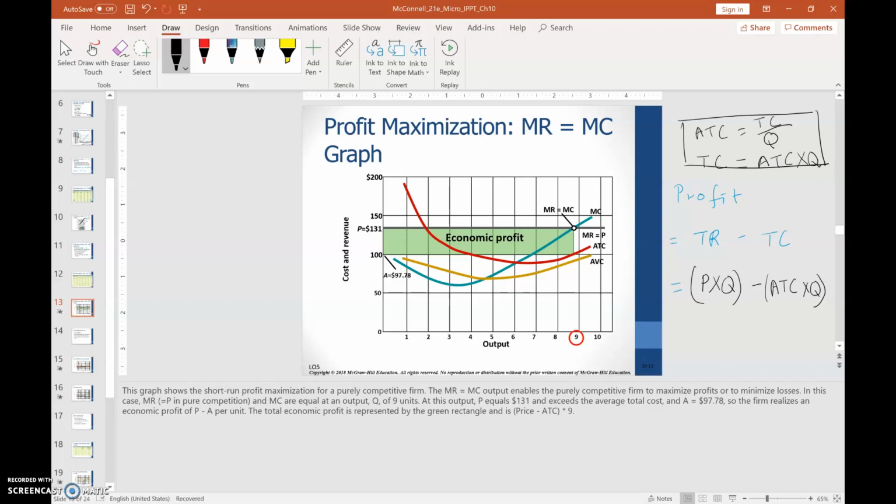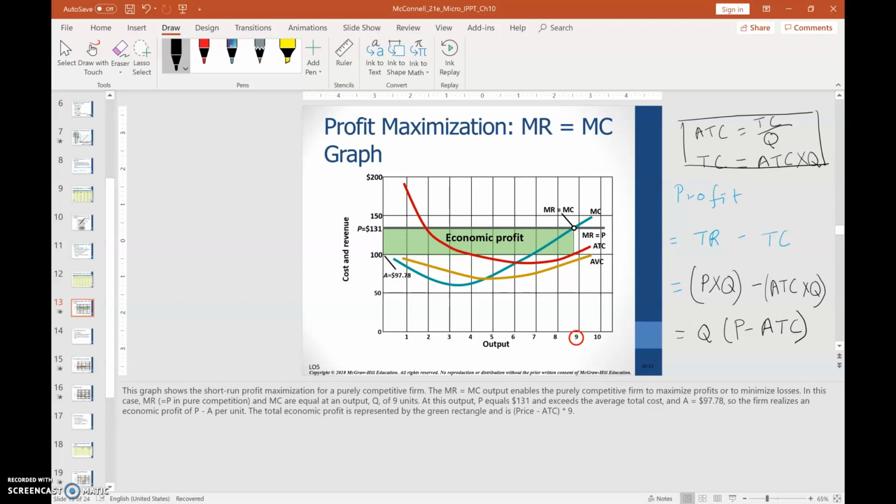That is how I wrote down total cost is equal to average total cost times quantity. I can take quantity out. In brackets, I have price minus average total cost.